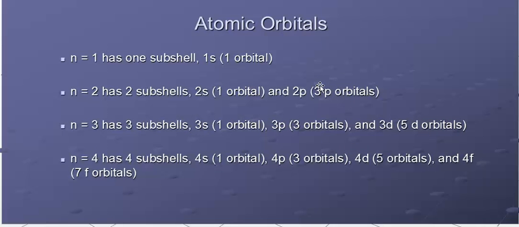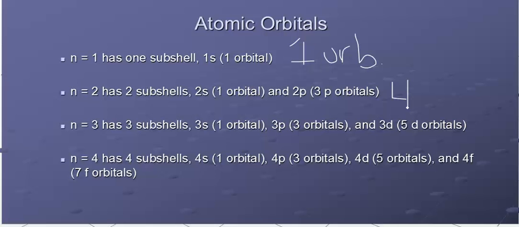Okay, atomic orbitals. N equals 1 has 1 subshell. N equals 2 has 2 subshells. N equals 3 has 3. You see the pattern. N equals 1 has 1 orbital total, and that is an S orbital. N equals 2, if you add up the number of orbitals, you have a 2s and a 2p, but if you add up the total number of orbitals, you have 4 orbitals in N equals 2.